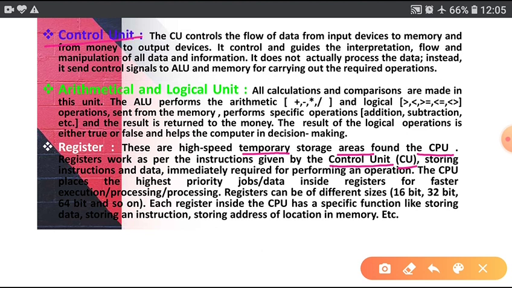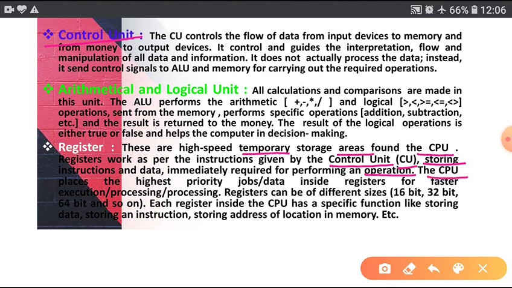Storing instructions and data immediately required for performing an operation. These data are immediately required by the computer.